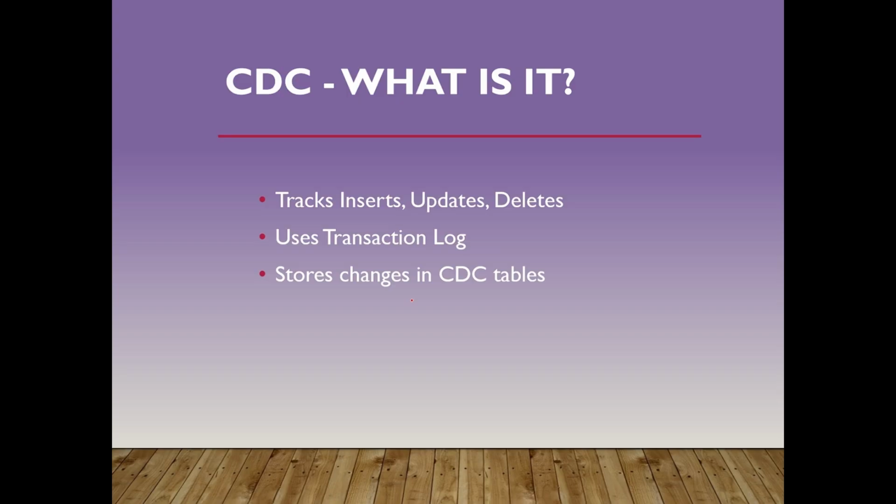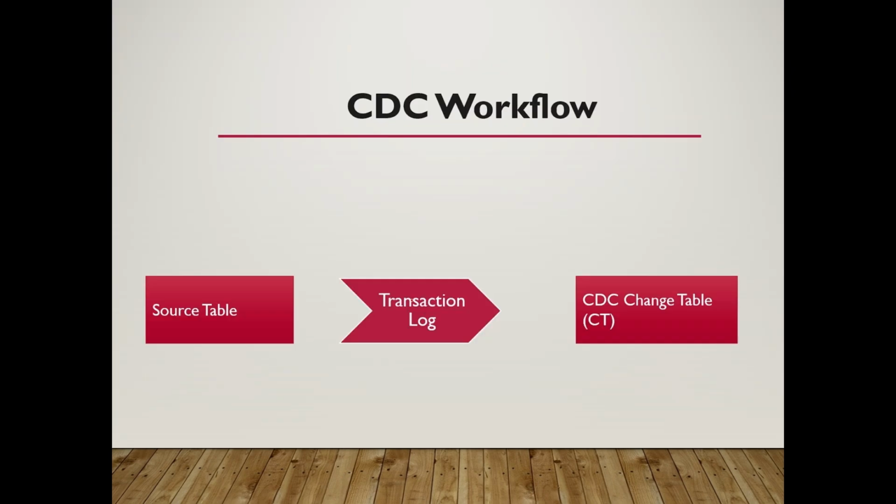If you understand it in the simplest way, how does it work? SQL Server listens to the transaction log. This is our source table, and it takes the first transaction log, like we have rows one, two, three.